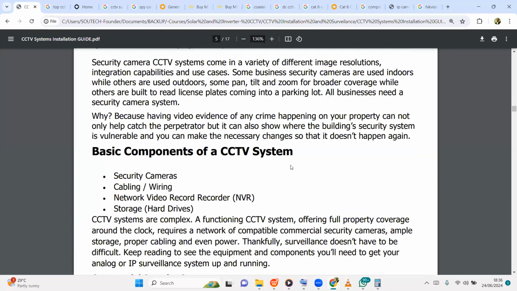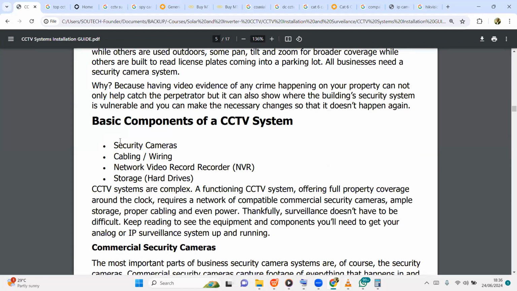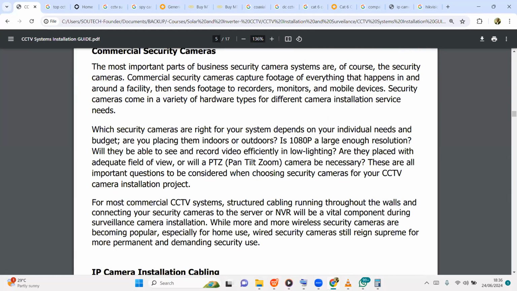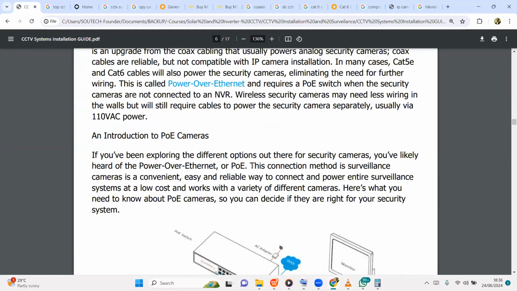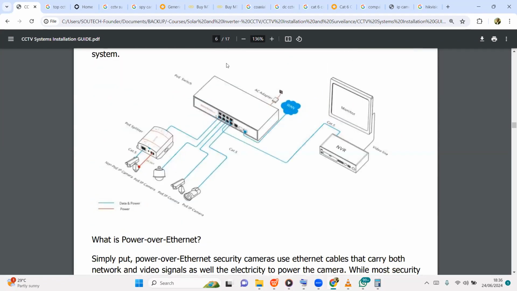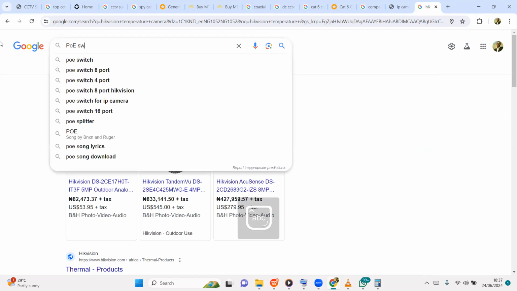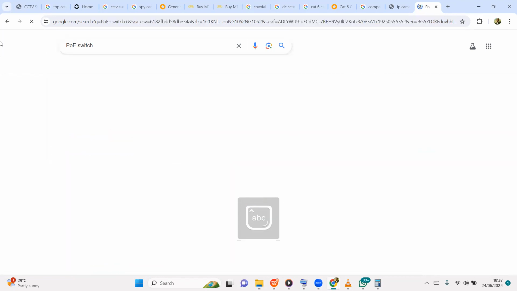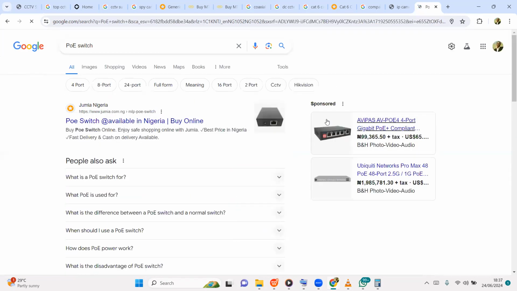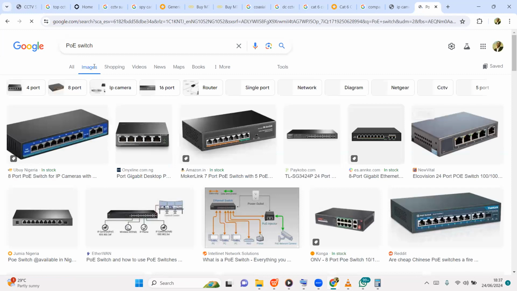Okay, so like I said, your CCTV system consists of the cameras, the cabling, the NVR or DVR, and a hard disk, right? Okay, let me see the important things. Now, you see this power over ethernet, PoE switch. A PoE switch is just a device that supplies both power and data to the cameras.